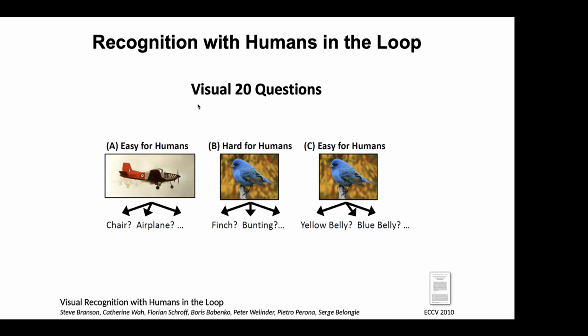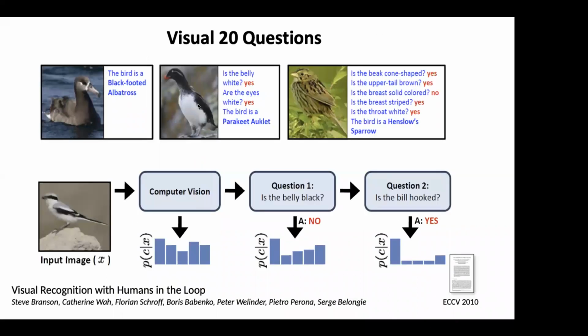Whereas looking at problem B, determining what specific species of bird it is is rather hard. But if you break it down into parts and attributes, which is to say something like a field guide, then it actually becomes somewhat easier for humans. So we built a system based on this, based on a sequential generation of questions that maximize expected information gain.